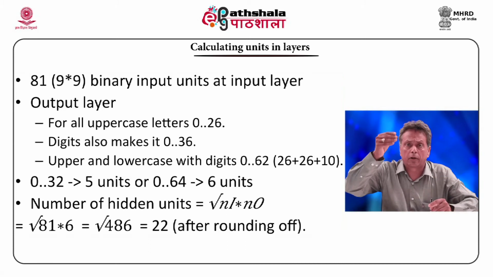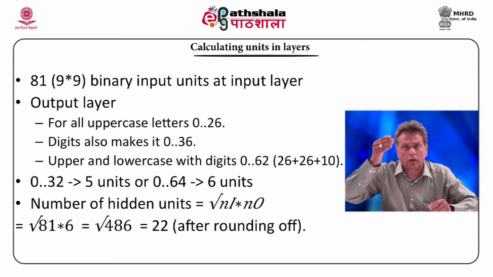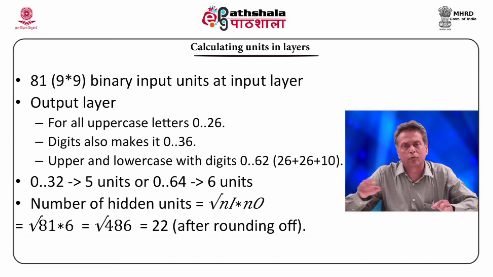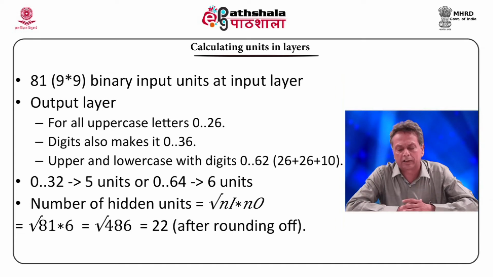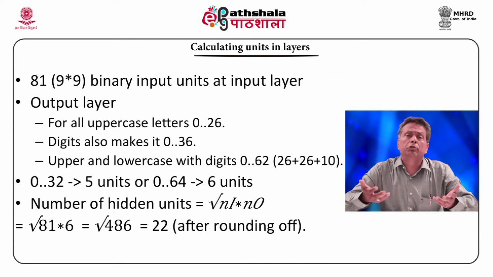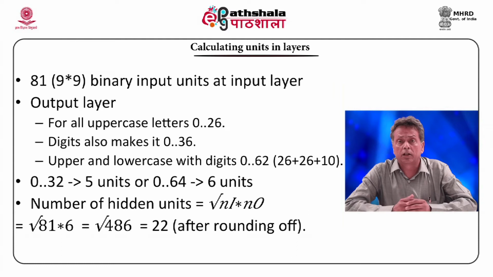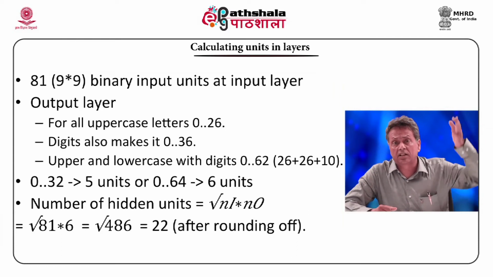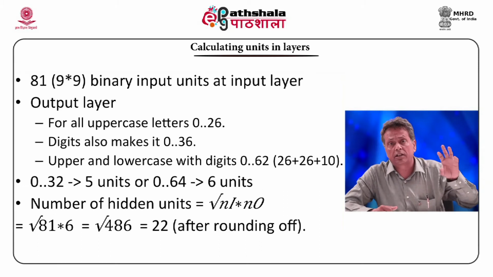For example, all zeros will be A, all zeros but the last one is B, and all zeros but the fourth one is C, and so on. So, you have those values differentiated that way. If you want more, you can even add one more. If you have 6 units, you can have a total of 64 possible outputs. Based on this, we decide the number of output units. In this case, 81 input units, because it is a 9 into 9 matrix.